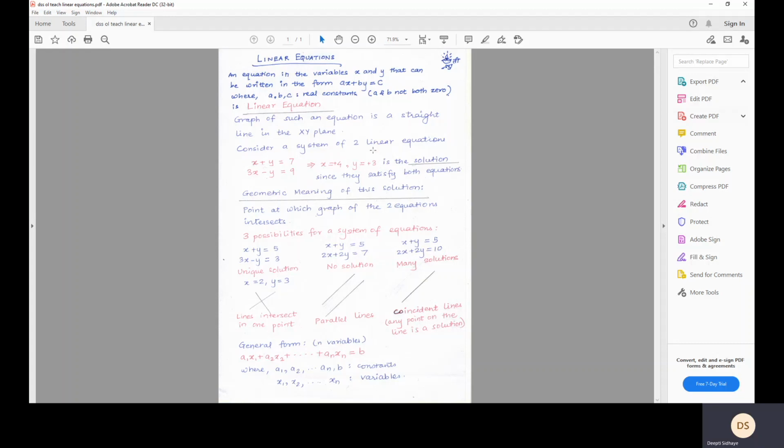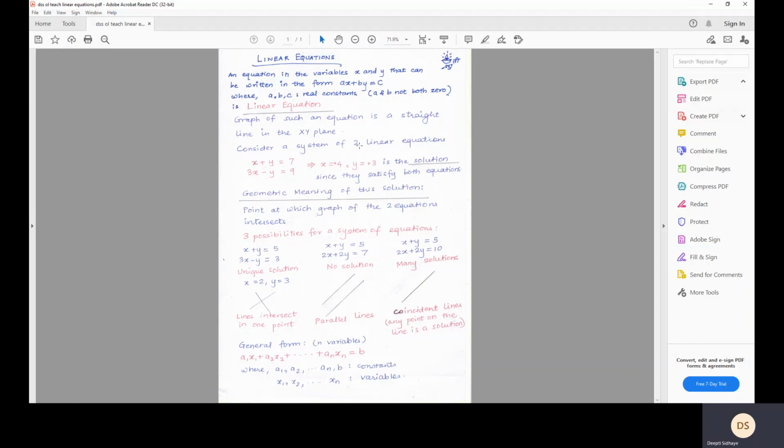Precisely this point, 4, 3. That means x is equal to 4, y is equal to 3. So a solution is that point at which graph of the two equations intersect. Remember, we are right now limiting ourselves to only two variables. Hence, one can make this statement.